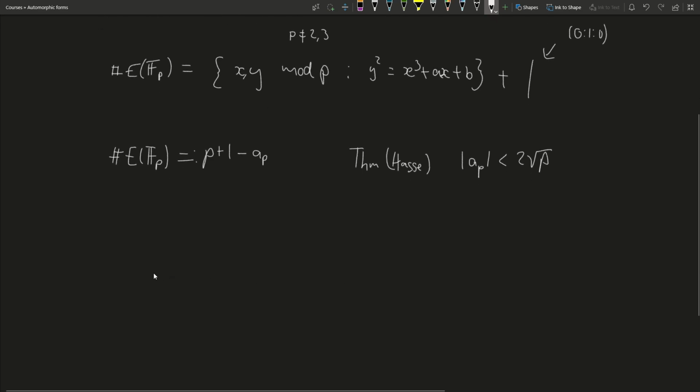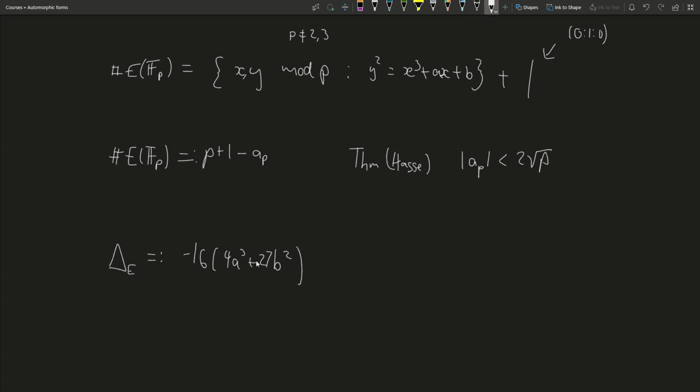There are some specific p's where something sort of weird is going to happen. So the discriminant of your elliptic curve is a quantity that I'm going to define to be minus 16 times (4a cubed plus 27b squared).